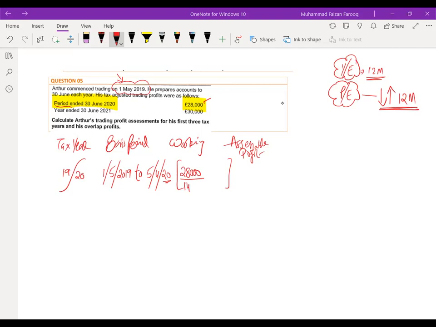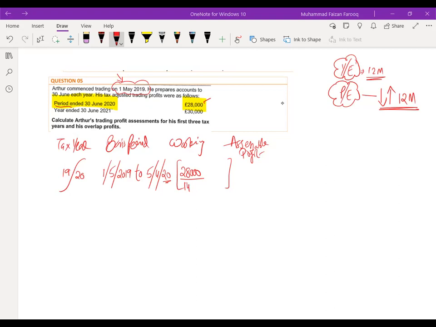March, April, May, June. 10 plus 4, 14. You can count them on your fingers. You will get your answer. Got it?